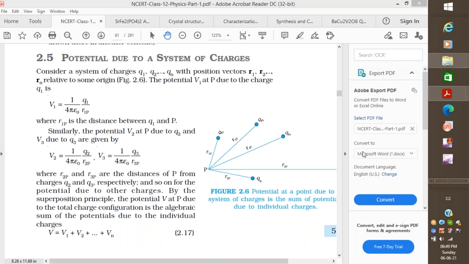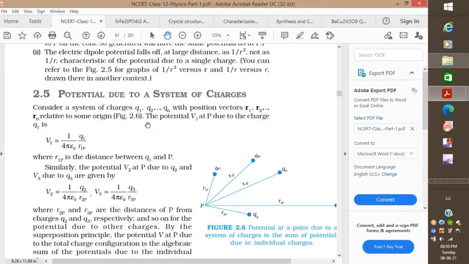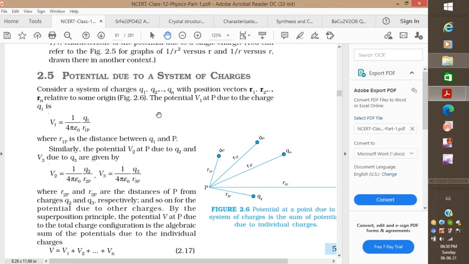So we have learned so far how to calculate the potential due to a point charge, and then how to calculate the potential due to a dipole at any point.